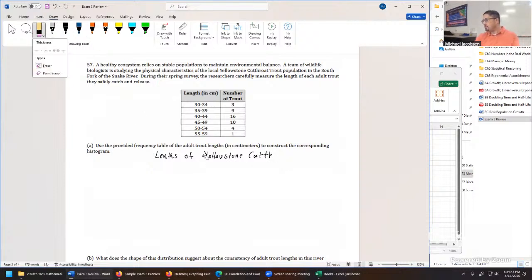Let me change a design choice. This is the length of the Yellowstone cutthroat, but this said these were the adult trout. So I'll say adult Yellowstone cutthroat.